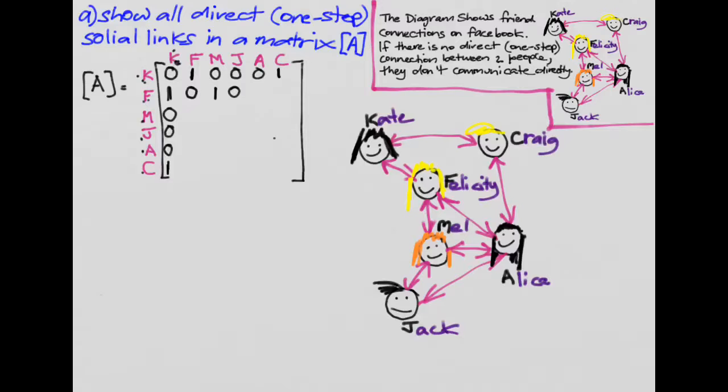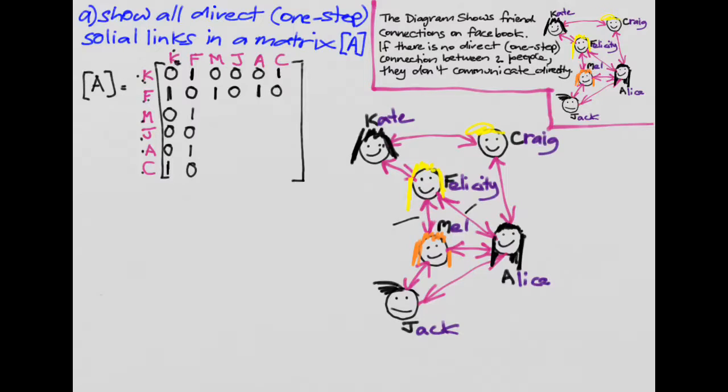Felicity to Alicia is a 1 because there's this connection here. And finally Felicity to Craig, no, there is no direct connection. She'd have to communicate through Kate or through Alicia. So 0. So just finishing filling this one in, Felicity, because remember there's two-way communications, so both sides will be the same.